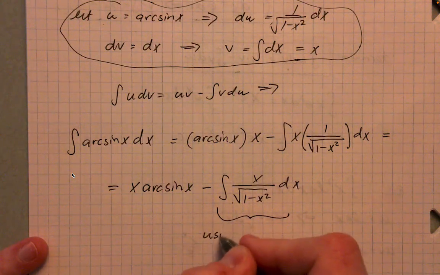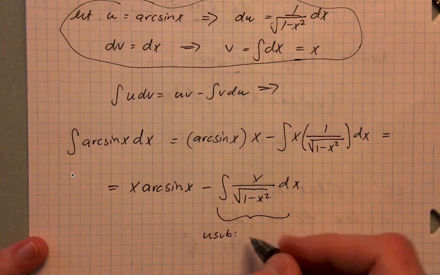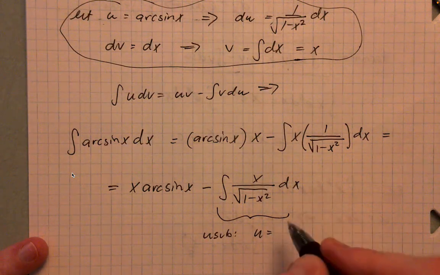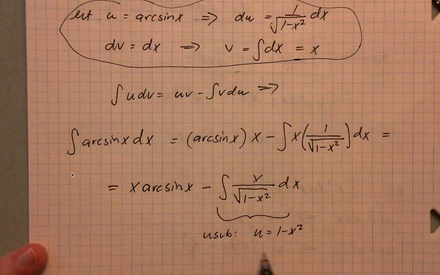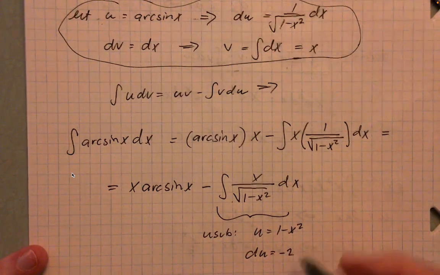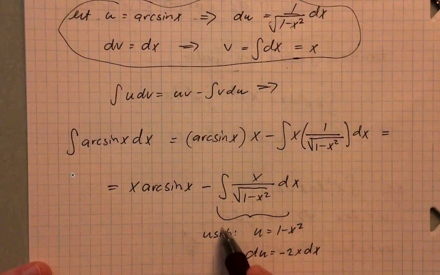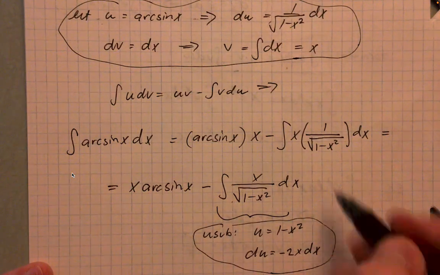And so the u sub would be u equals 1 minus x squared. That's this little piece inside the radical. And then du is equal to negative 2x dx. So there's a u substitution we're going to have to plug in here.